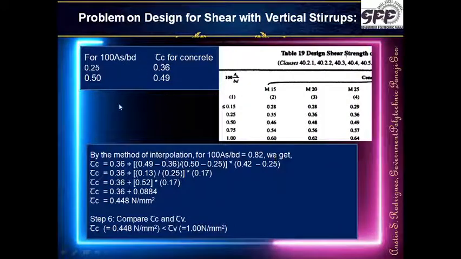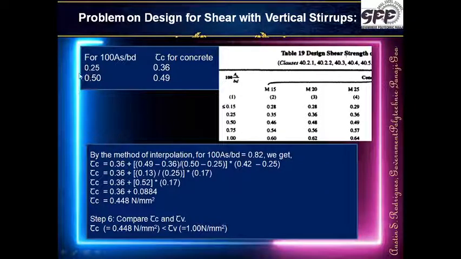Now when we get the value of 100 AS upon BD as 0.42, let us look at this. In between 0.25 and 0.50 would be my 0.42. The value would be somewhere in between. Now for M25 concrete, for 0.25 it is 0.36, for 0.50 it is 0.49.